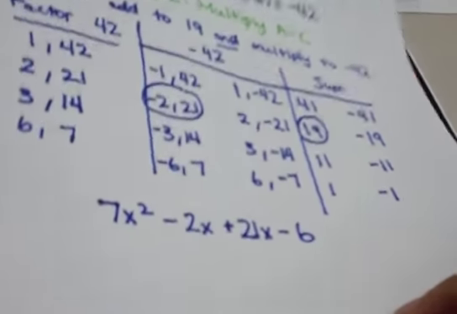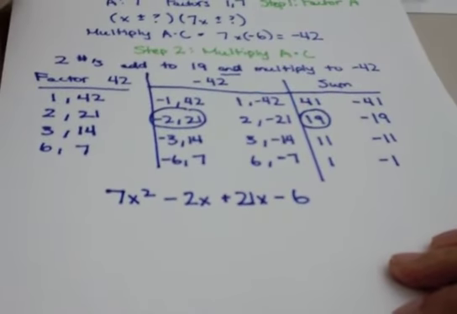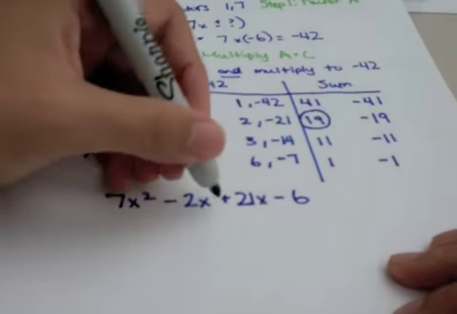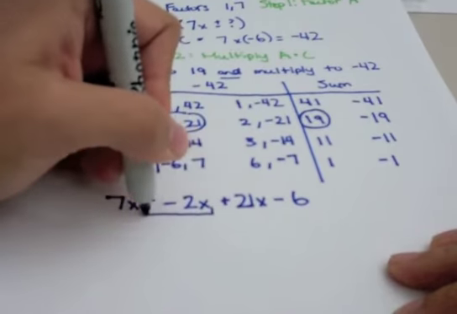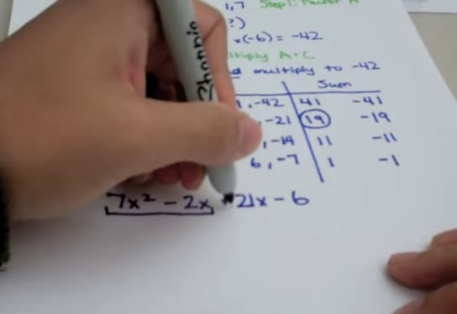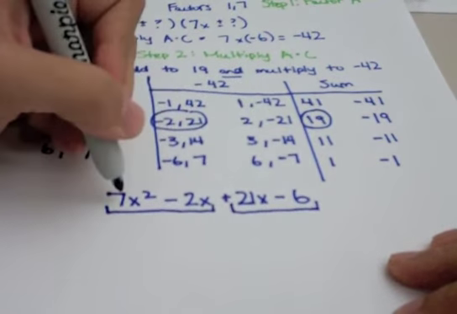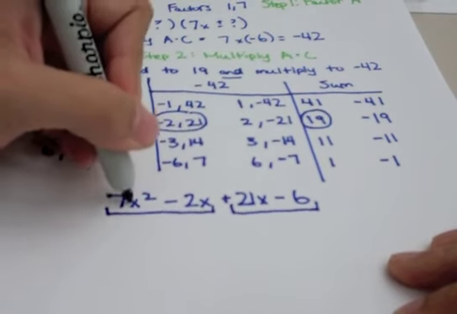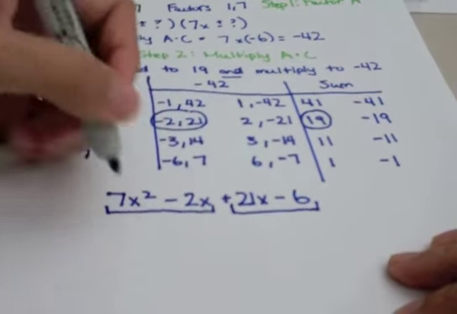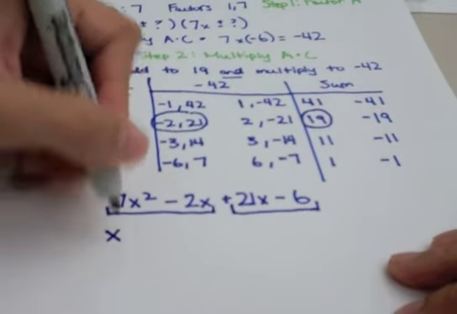And where the grouping comes in, which gives this method of solving it its name, is that we're going to break our four terms here into two groups. And with this group, I can see that there's an x squared and an x, so we can factor out at least one x.